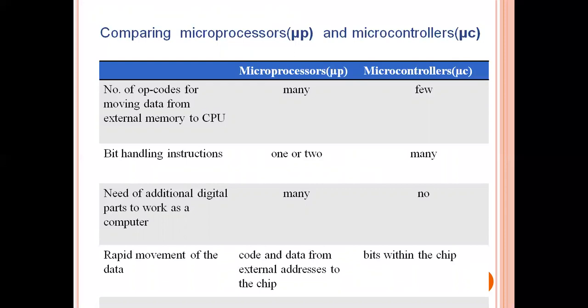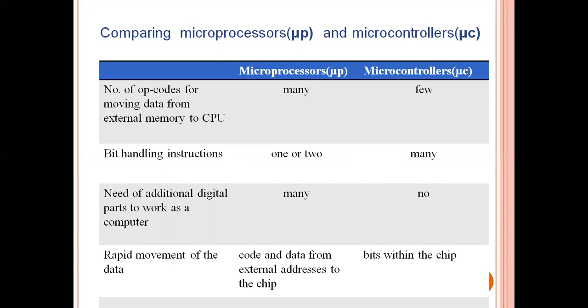So let us see the first parameter to compare the microprocessor with the microcontroller. The number of opcodes to move the data from external memory to CPU: more opcodes are present with the microprocessor, and fewer opcodes are present with the microcontroller to move the data from external memory to CPU. Second parameter is bit handling instructions. The microprocessor has 1 or 2 bit handling instructions, whereas the microcontroller has more bit handling instructions. Third parameter is additional digital parts to work as a computer.